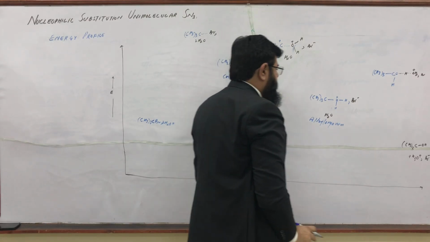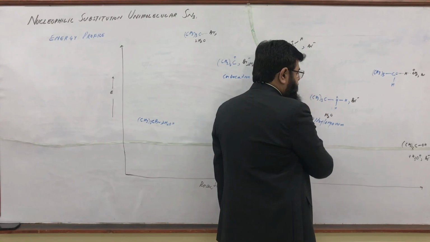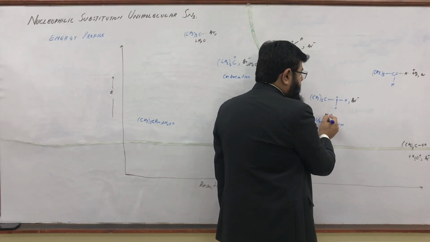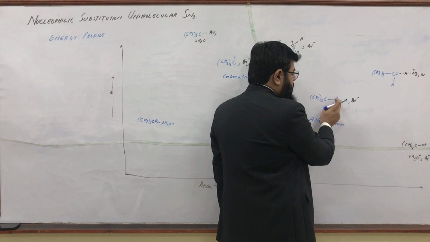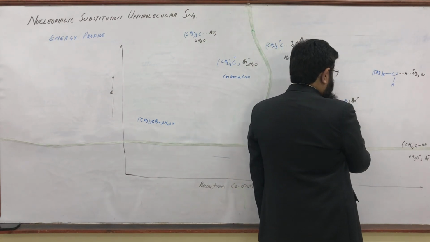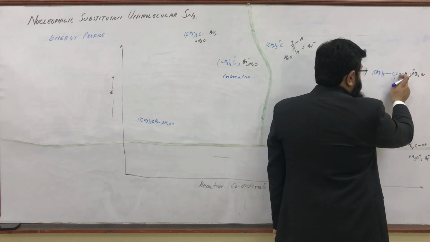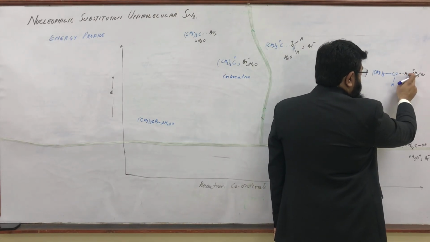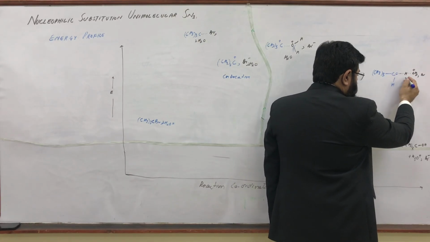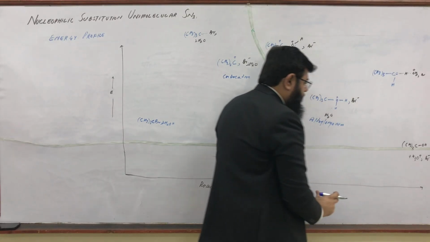This species is not stable because oxygen is carrying positive charge. So a water molecule present in the media will start approaching this positively charged oxygen, and the bond between this oxygen and hydrogen will be in transition state, and the bond between water and hydrogen will start developing. When this bond completely develops, the energy of this species will decrease.